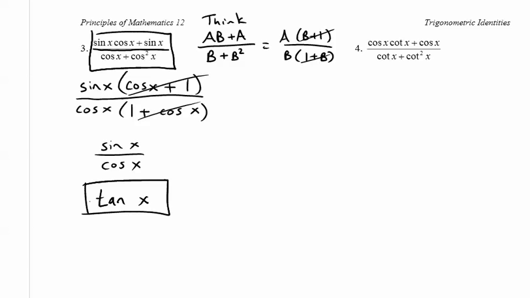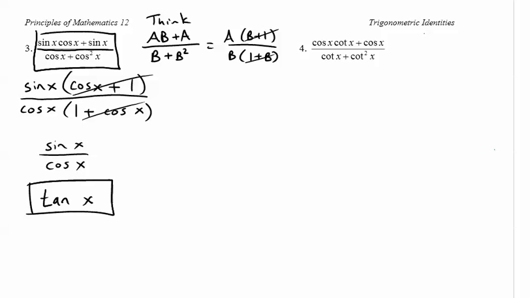A similar technique holds for number 4. Okay, again, in your head, you can think of all the cosines as b's. Think of the cotangents as a's. So again, we would factor. The top has a common factor of cosine.